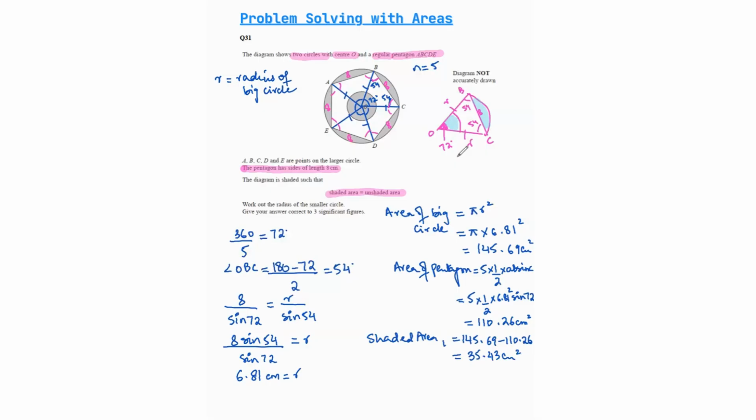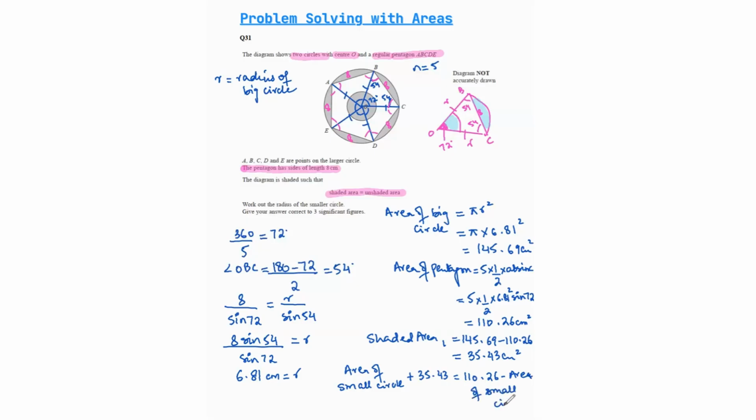However, we can use the concept that shaded area equals to unshaded area. So we can create an equation where shaded area is area of small circle plus 35.43 equals to 110.26 minus area of small circle.